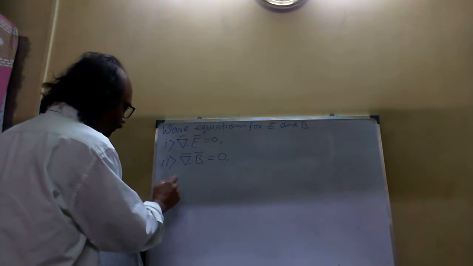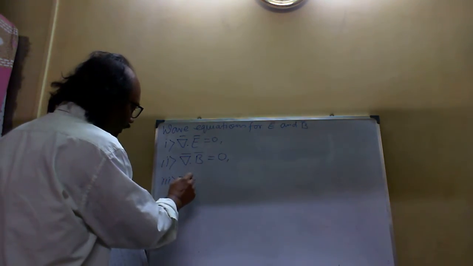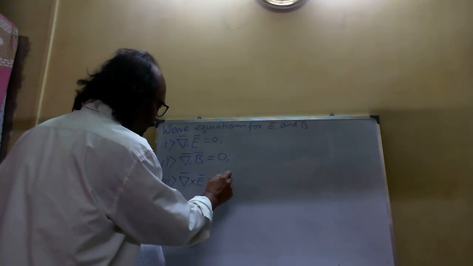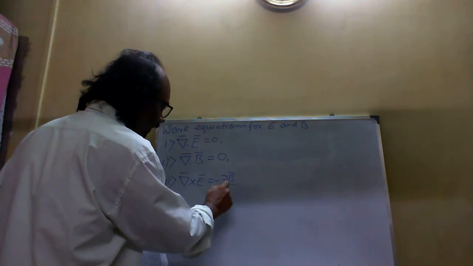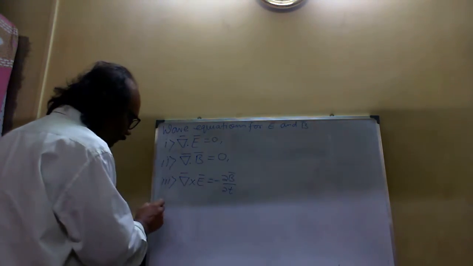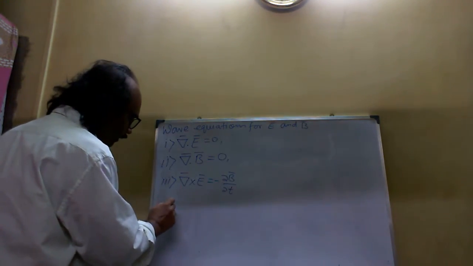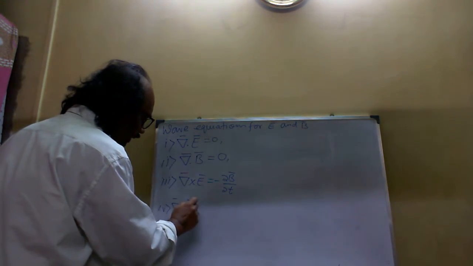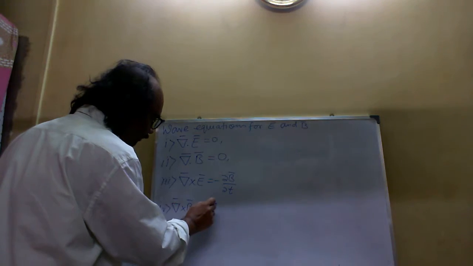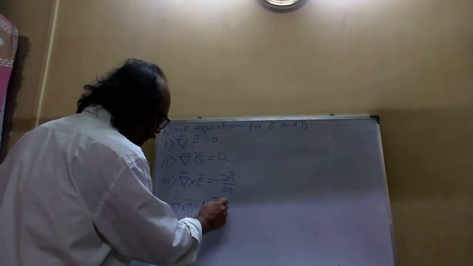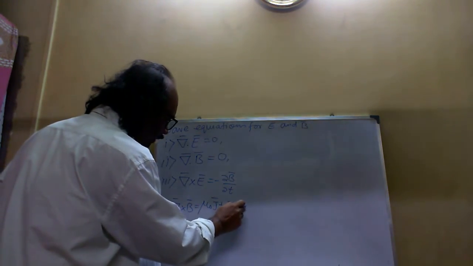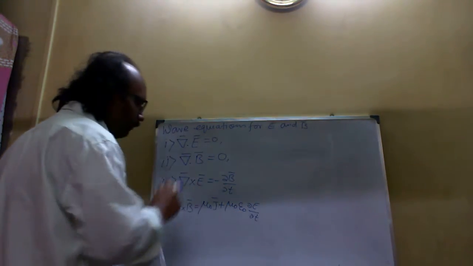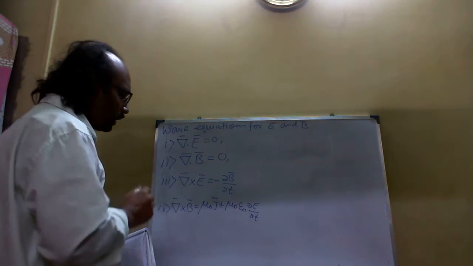Third one, curl E is equal to minus del B by del t, which is Faraday's law of electromagnetic induction. Then the fourth one, curl B is equal to mu naught J plus mu naught epsilon naught del E by del t, which is Ampere's law with Maxwell's correction.